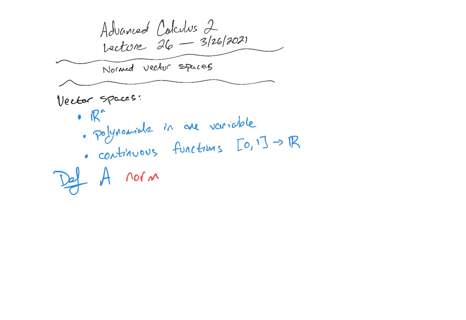It's the definition of a norm on a vector space. A norm is going to be a thing we associate to a vector space.